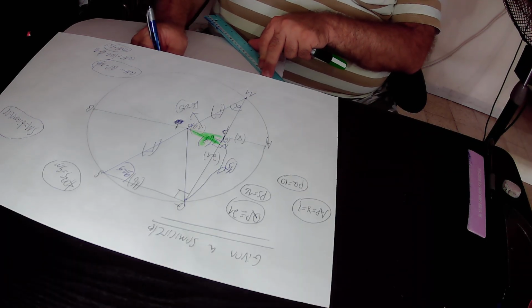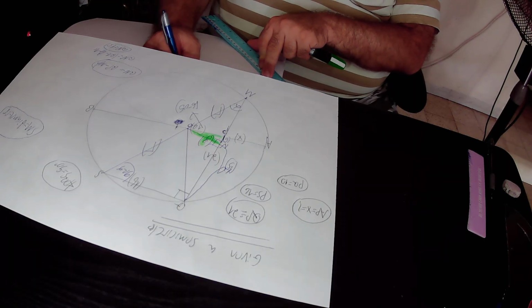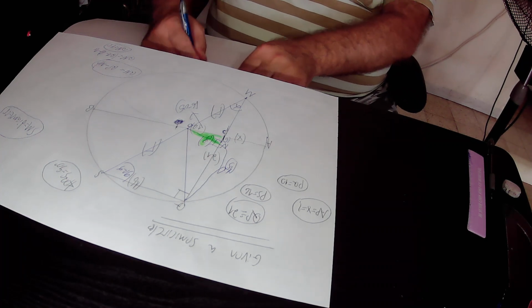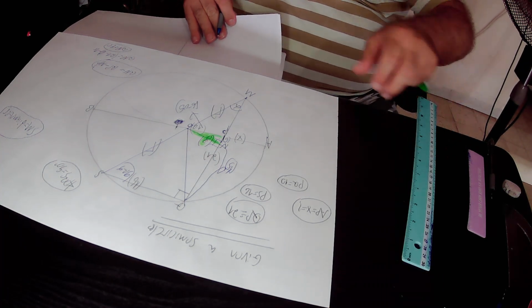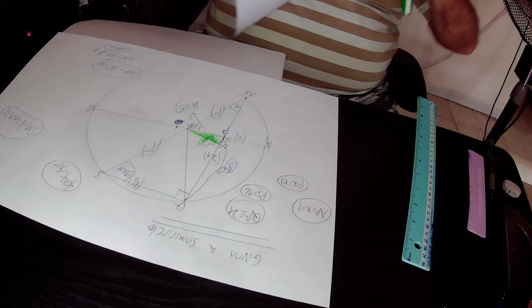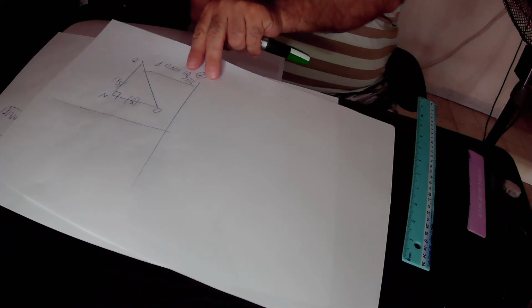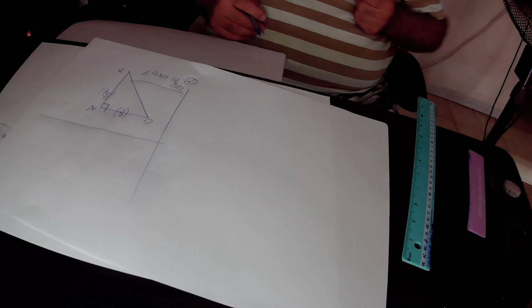Here PT is the abbreviation for Pythagoras theorem. So actually, this is the right triangle QNO.